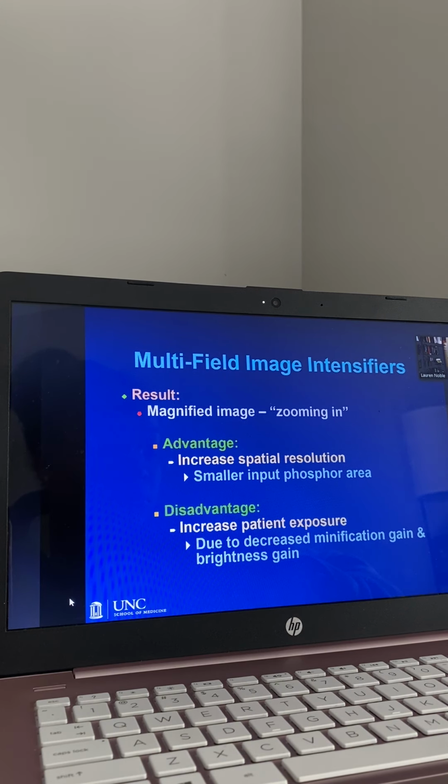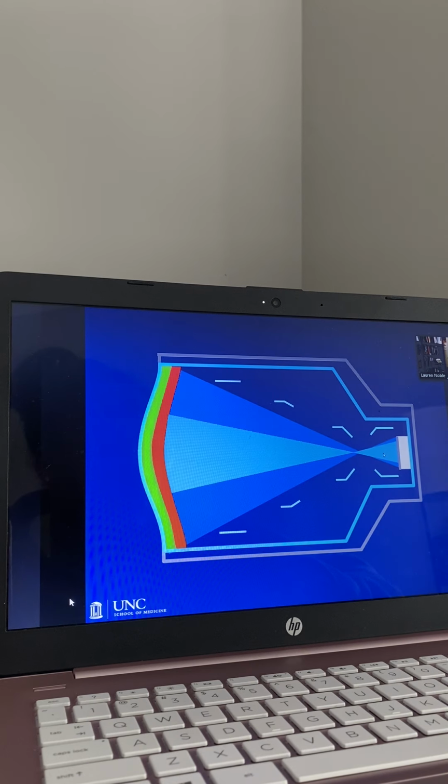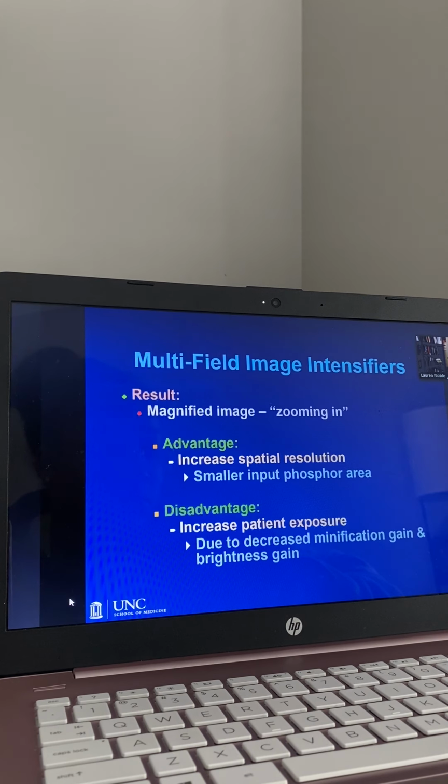That increase in spatial resolution is because of that smaller input phosphor area. In other words, the beam doesn't diverge out as far because it's taking up a smaller area on that output phosphor. So that's why that spatial resolution is increased.